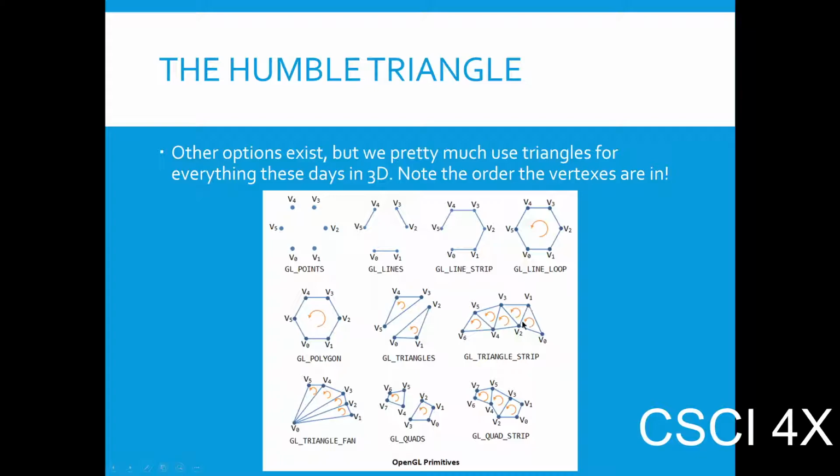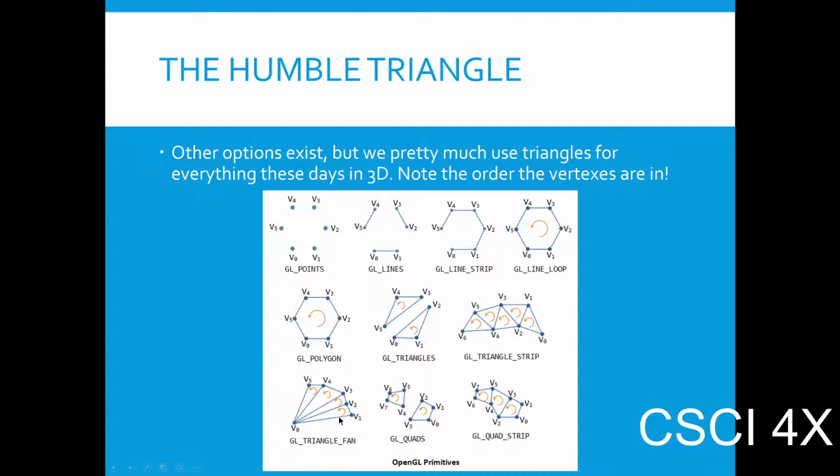So 1, 2, 3 for the first triangle, but then the next triangle is just the 4th vertex, and then the next one is just one more vertex, and the next one is just one more vertex. So basically, rather than needing 3 points per triangle, you need 1 point per triangle, and that's nice. That's a huge savings in space. You can load your meshes a lot more efficiently that way.